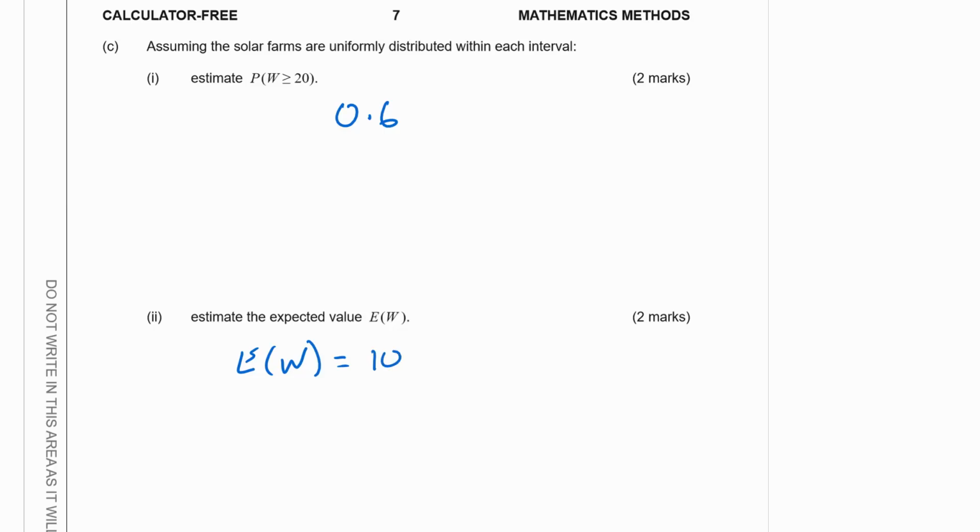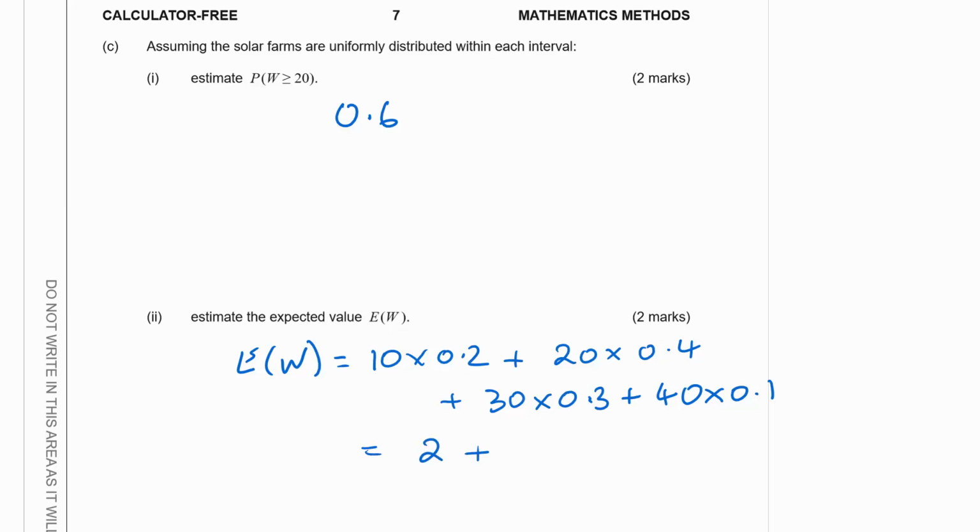So that's going to be 10 times 0.2, add 20 times 0.4, add 30 times 0.3, add 40 times 0.1, which is 2 plus 8 plus 9 plus 4, which is 23.